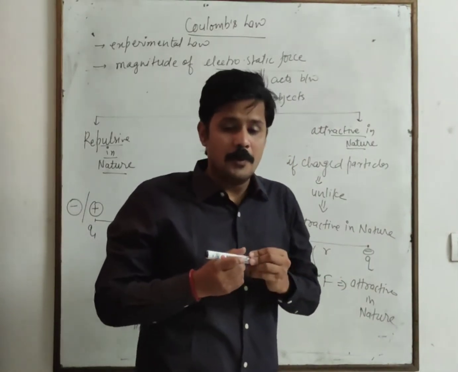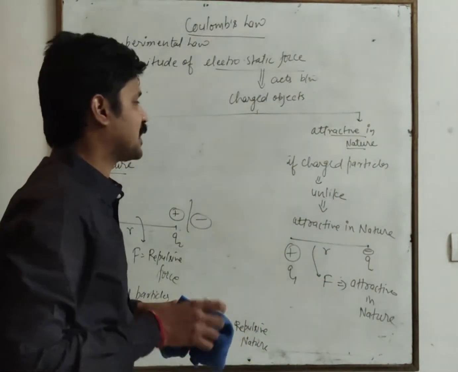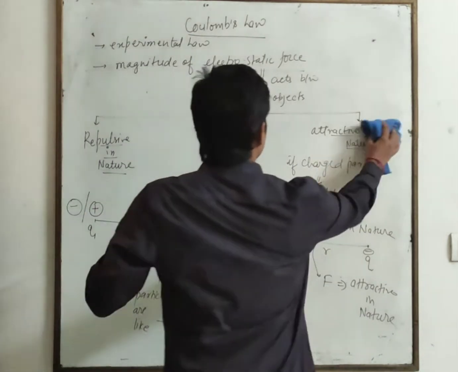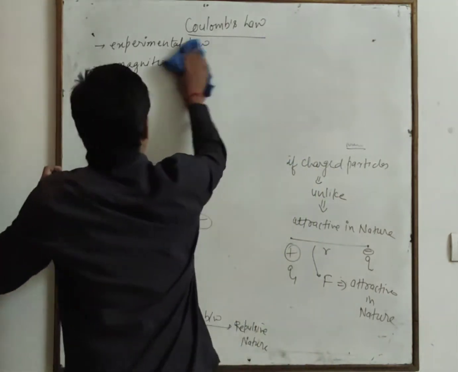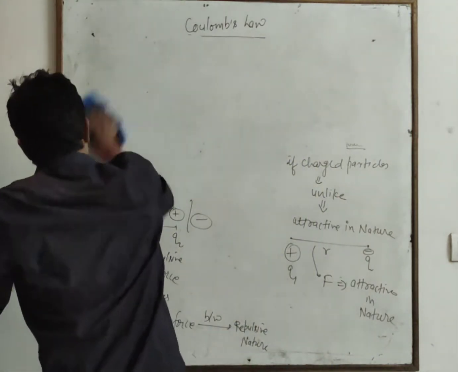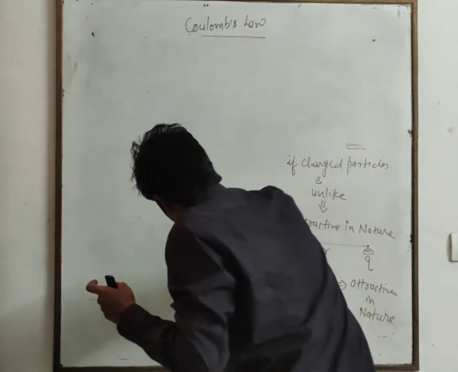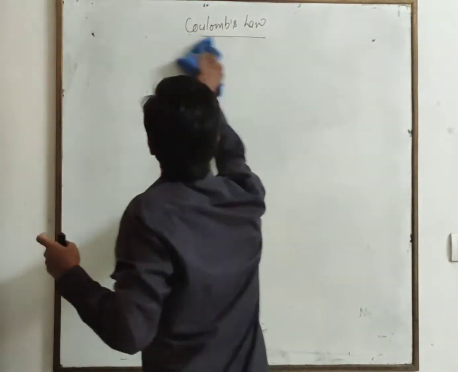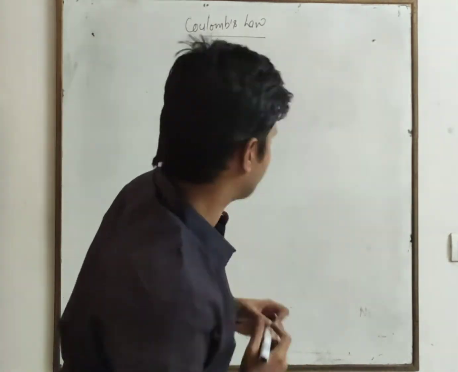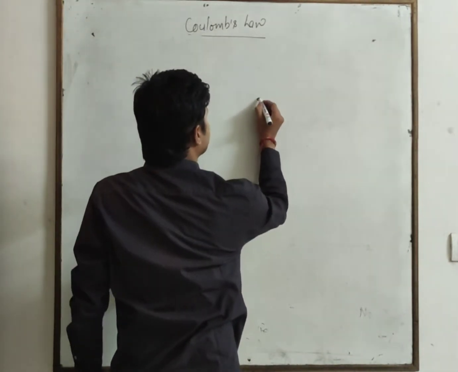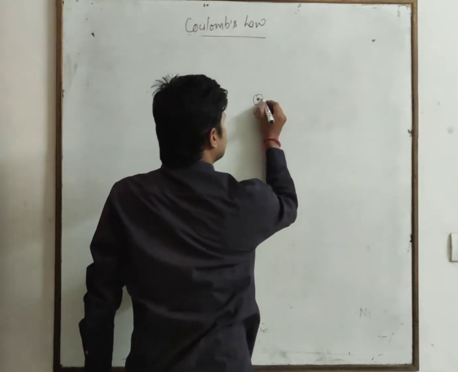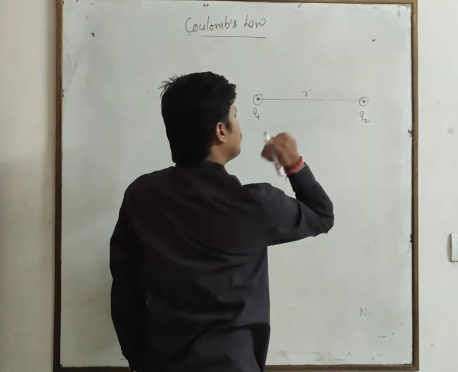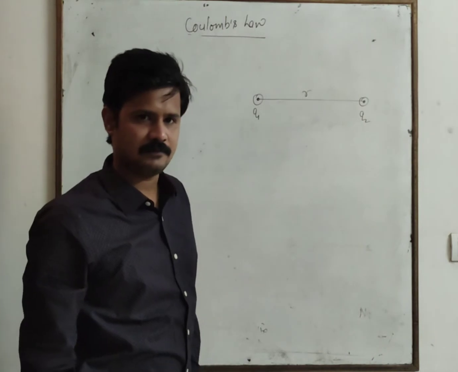Now we discuss how Coulomb represented the expression of electrostatic force. Suppose we have 2 point charges Q1 and Q2, which are separated by a distance r.